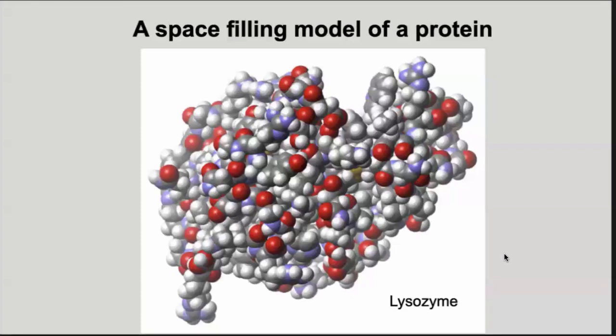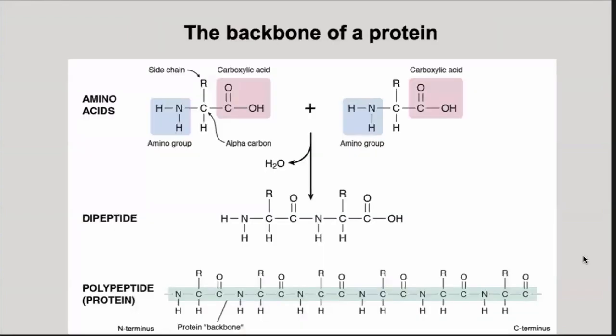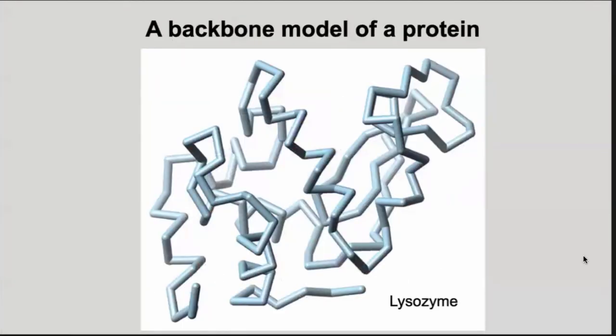Exact same protein, same scale, same magnification, same view, same angle, just two very radically different ways of representing the same molecule. And in this space filling model, we're seeing all the side groups, all the R groups. Whereas in the backbone model, they're hidden, and we're only seeing that backbone.